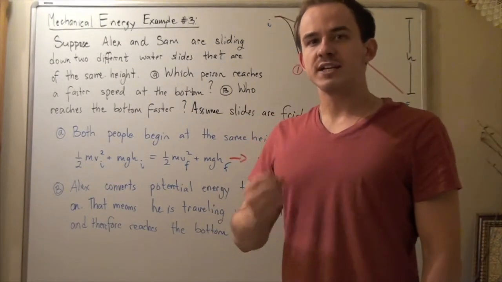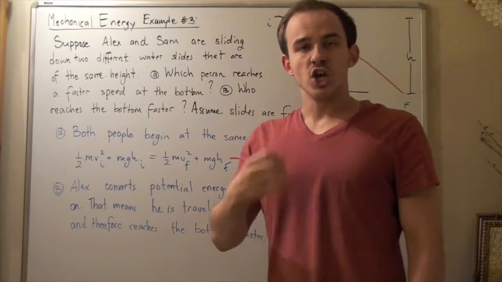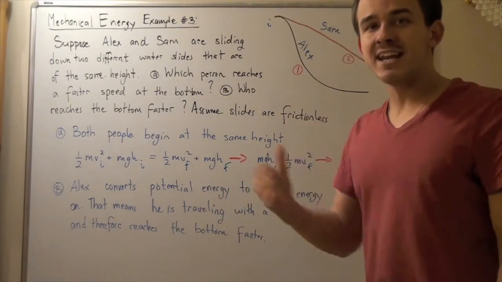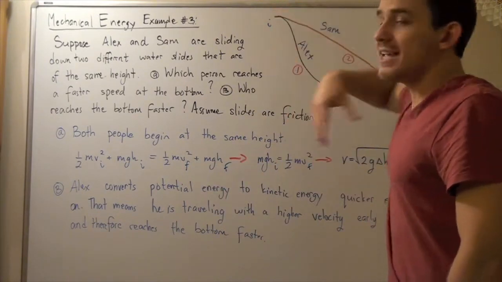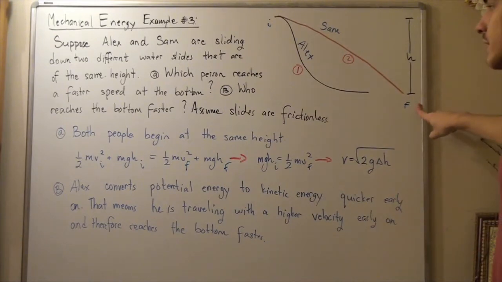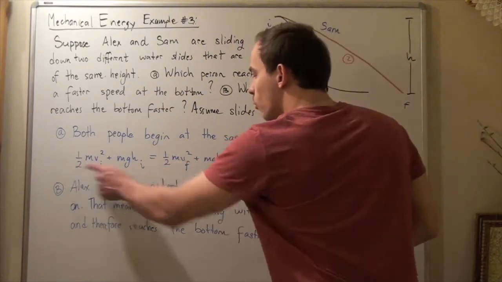And that means we can apply the conservation of mechanical energy, which basically states that the sum of potential and kinetic energy at the top is equal to the sum of the potential and kinetic energies at the bottom. Now this translates to the following formula.